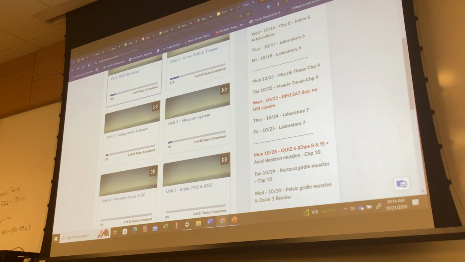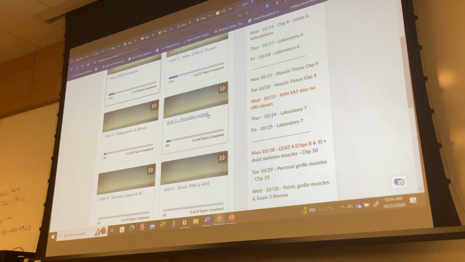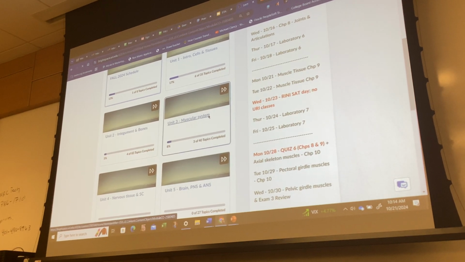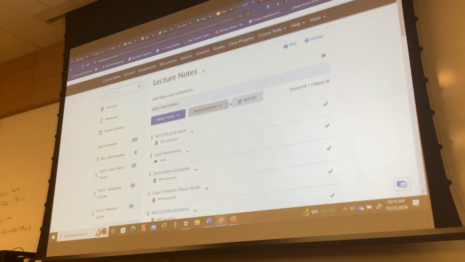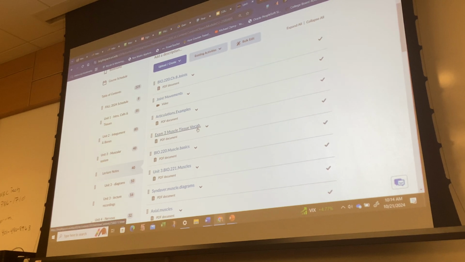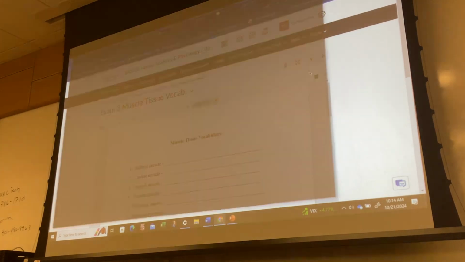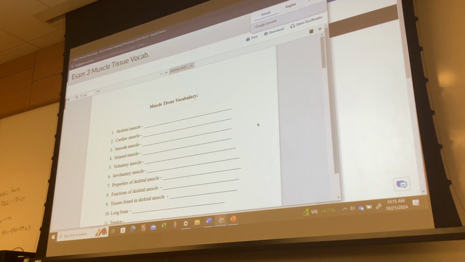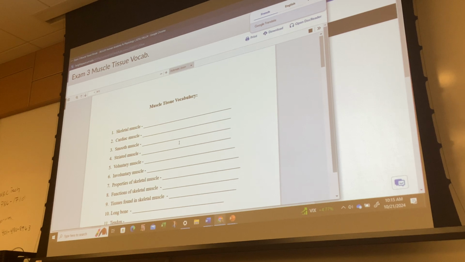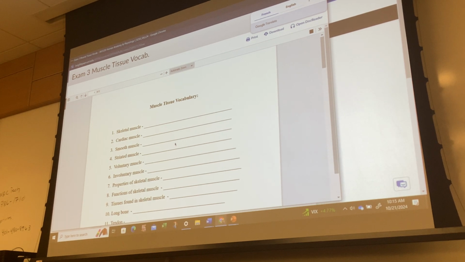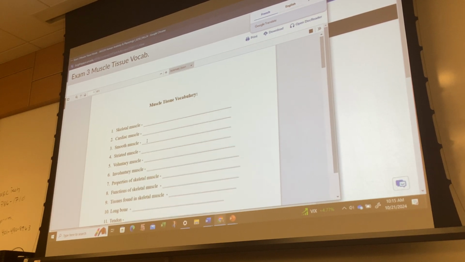What does the vocabulary look like? A number of years ago, I sat down and asked that question. This list of terms is found in your Brightspace.